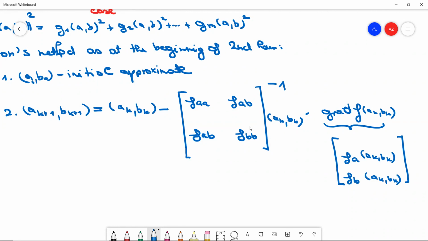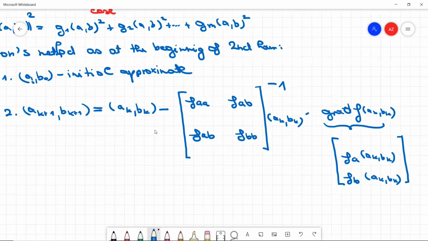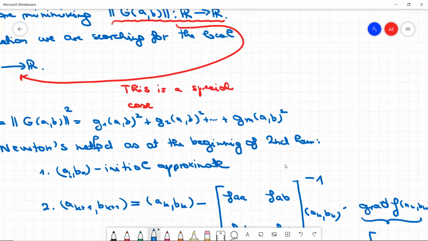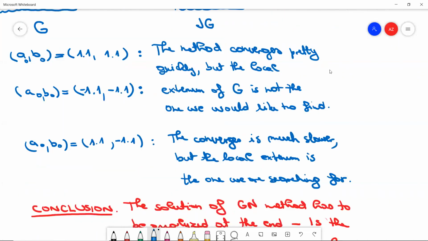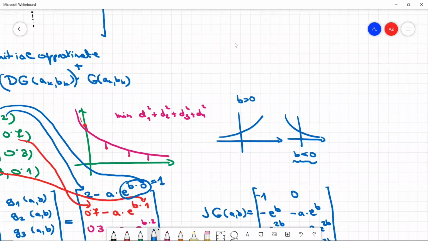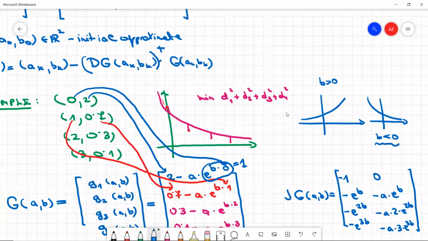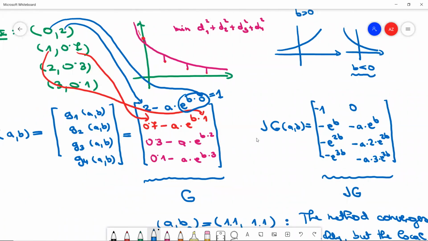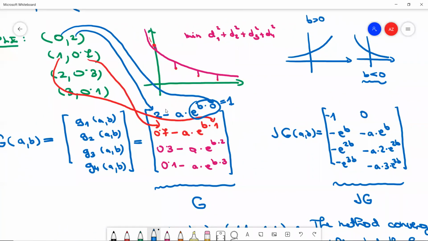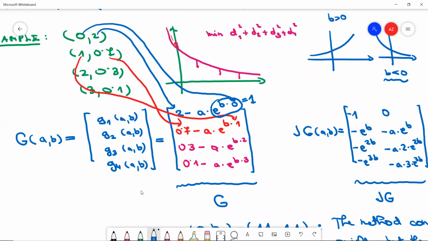Yes, I have one question back for the example. We multiplied the whole equation by -1. Where do we get that from? Like the equation was, you mean here? Yes, here. So since we are minimizing the norm, it doesn't matter if we multiply everything by minus.